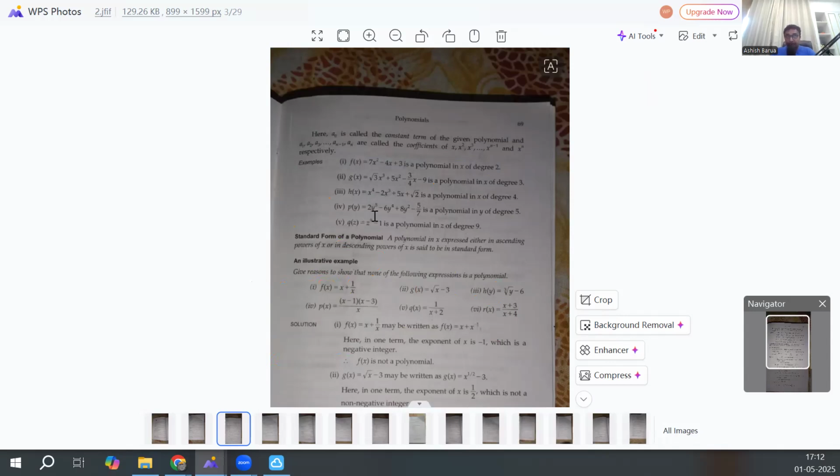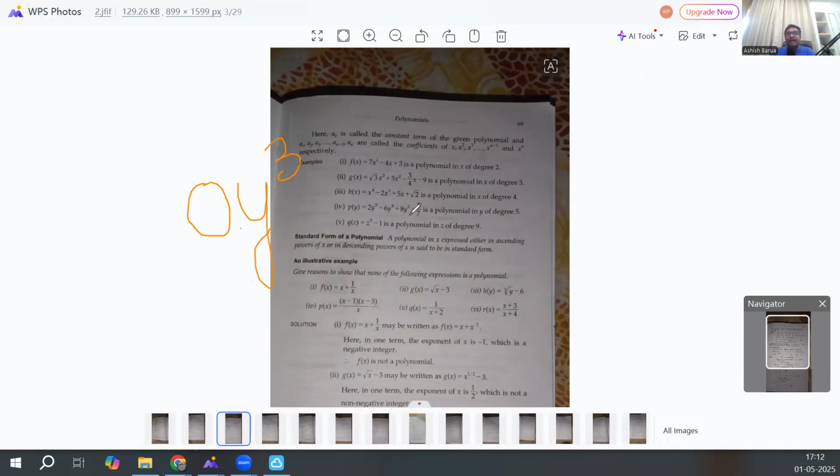First y to the power 5, then y to the power 4, then y to the power 2, and so on. Here you will see y cube is missing. What does it mean? Y cube is missing means the coefficient of y cube is 0.